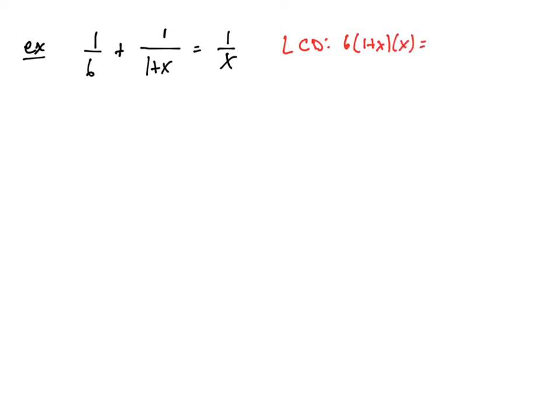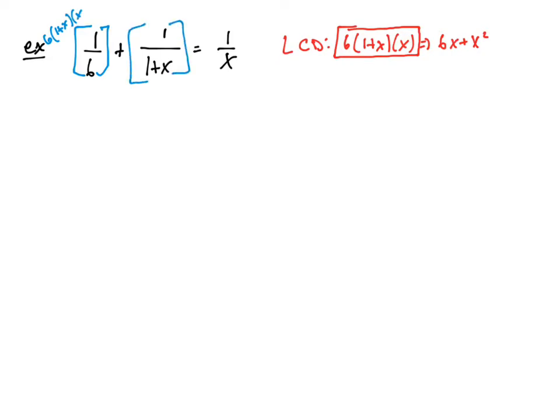So if we multiply that out, we get x plus x squared, so 6x plus x squared. However, for this problem, it's probably going to be easiest to leave it in the factored form. So what we want to do is multiply each term by that least common denominator: 6 times (1 plus x) times x.